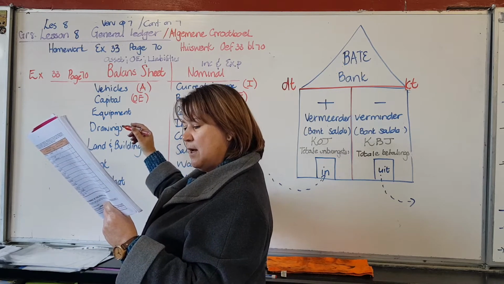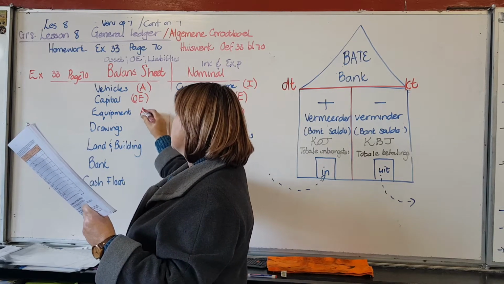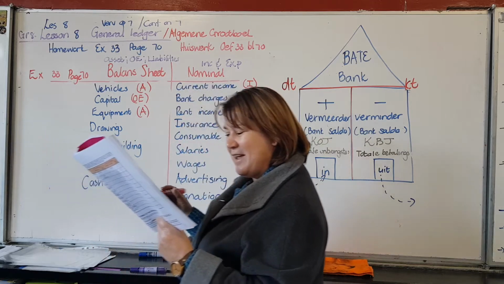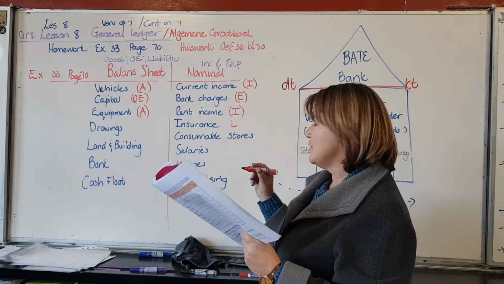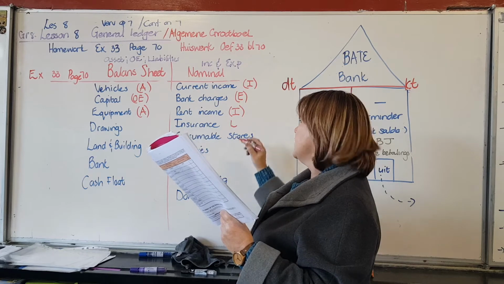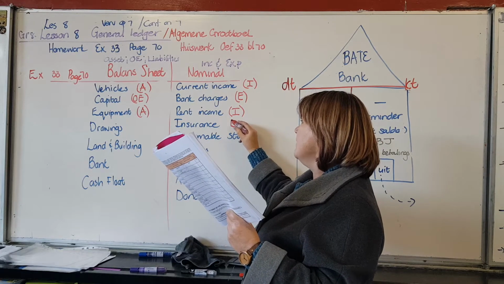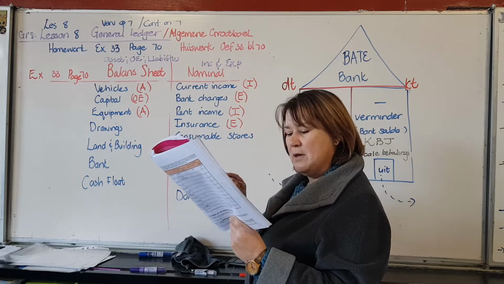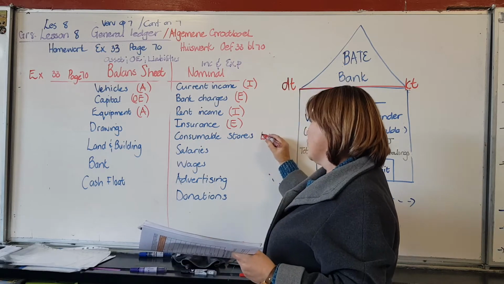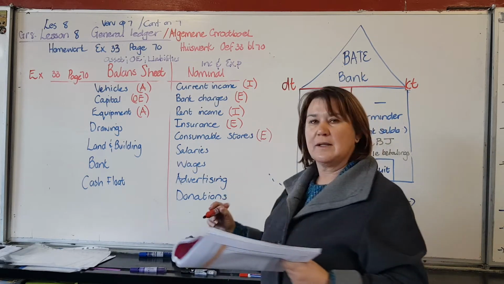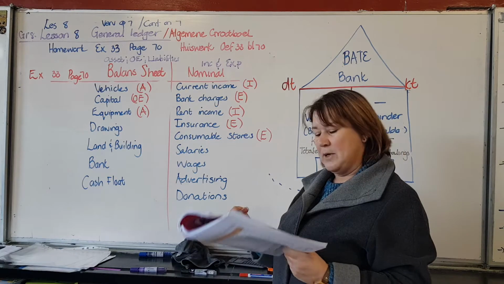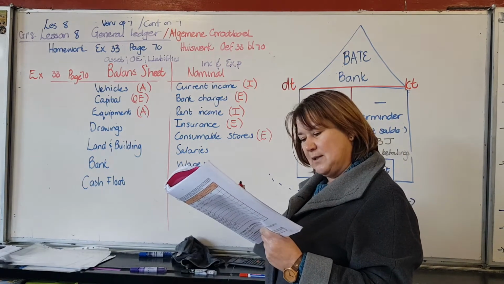Equipment is an asset. I just want to see, I've skipped something now. Rent income is your income. Insurance is your expenditure. That's why it's nominal. And consumable stores is an expenditure. That's why it's nominal. Okay, then your second list.